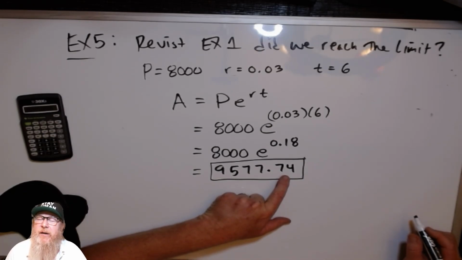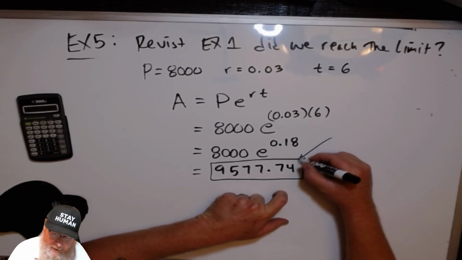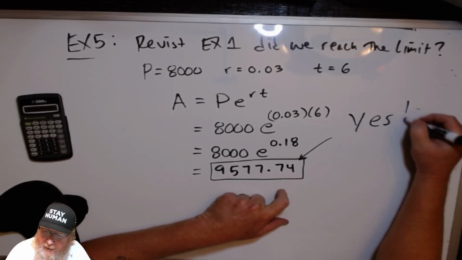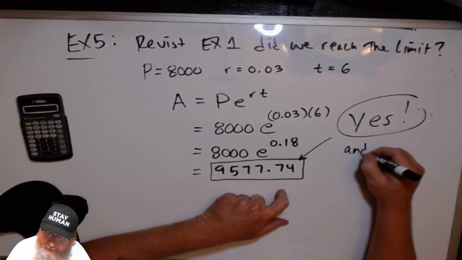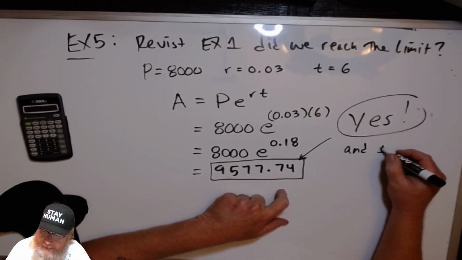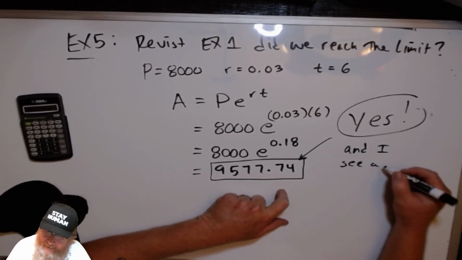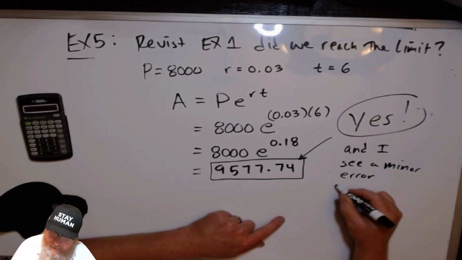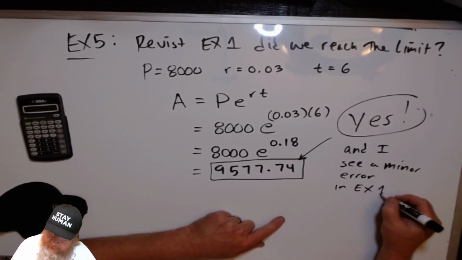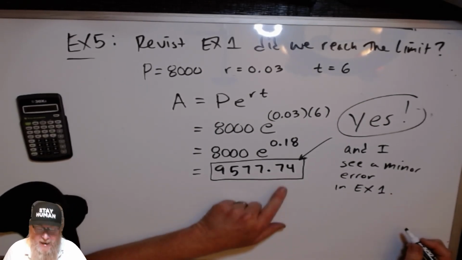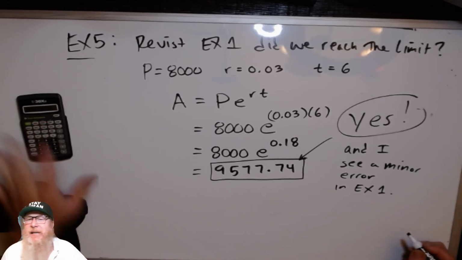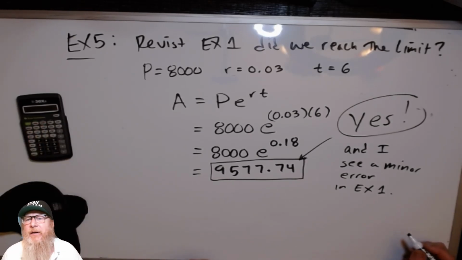I don't want you to get it wrong, so I'm going to make a correction. So, yes, we did reach the limit and identified a minor error in example 1. In example 1, I had put 75 cents. I must have hit something wrong on my calculator.